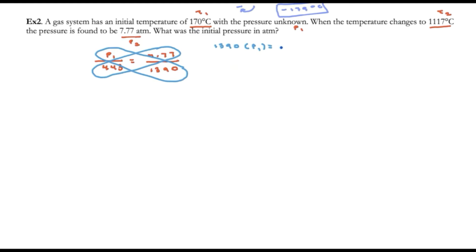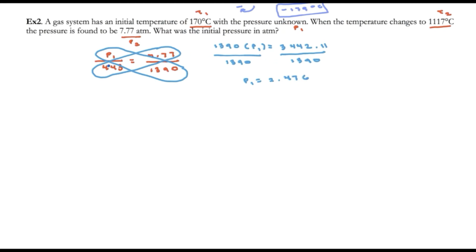And I get 3,442.11. I'm going to divide both sides by 1,390. And my P1 that I get, unrounded, is 2.476.